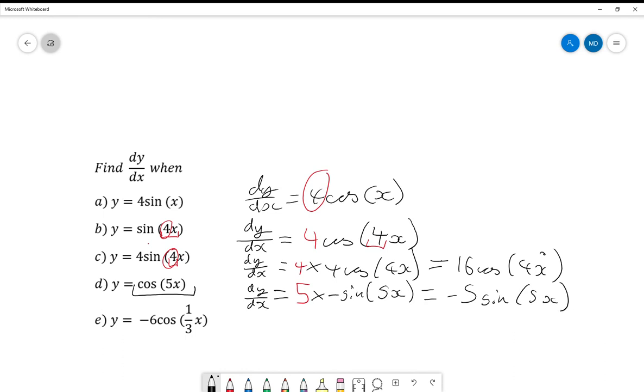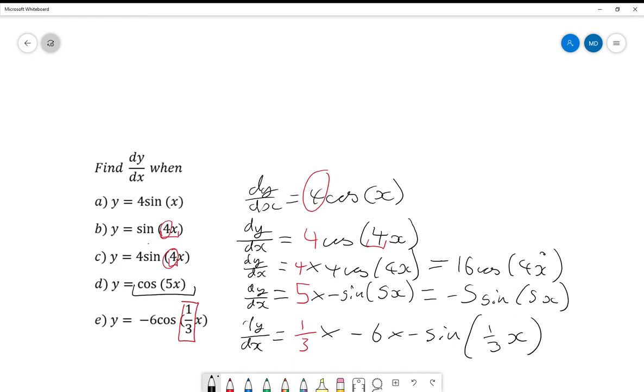And lastly, dy by dx, that multiple, that third that's in here, is going to come out the front. So it's going to be equal to 1/3 multiplied by the whole thing, so negative 6. What's the derivative of cosine? Well, it's minus sine, so we're also multiplying by minus sine of 1/3 of x.